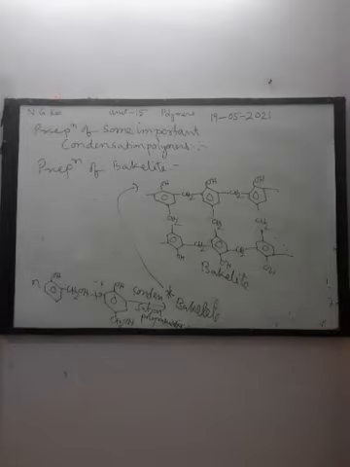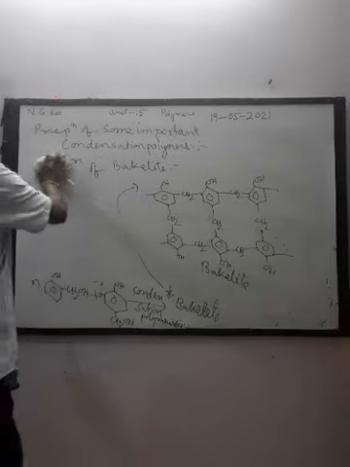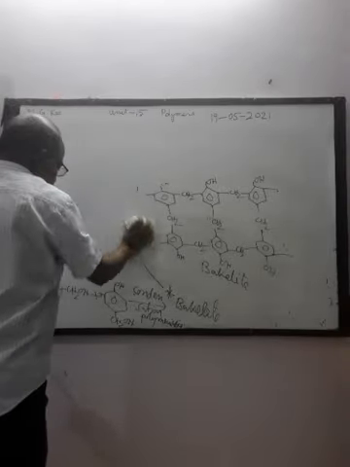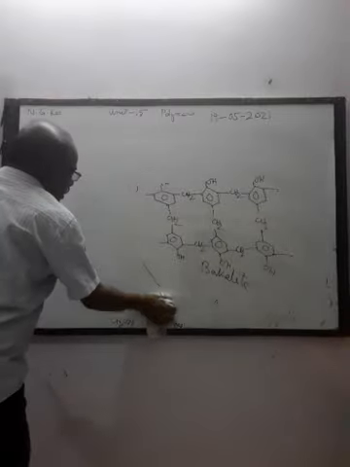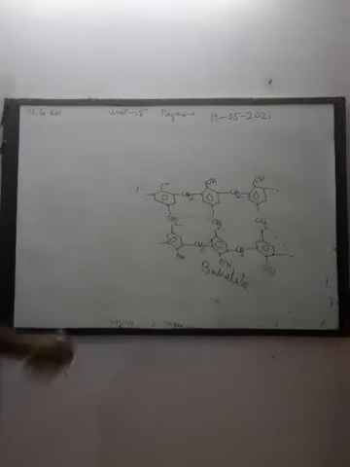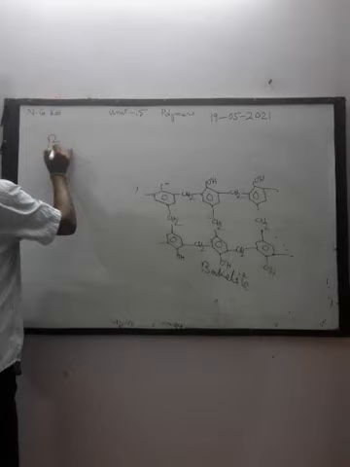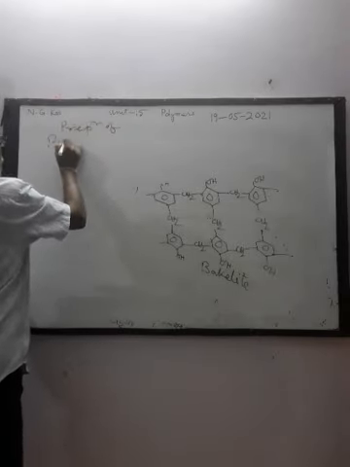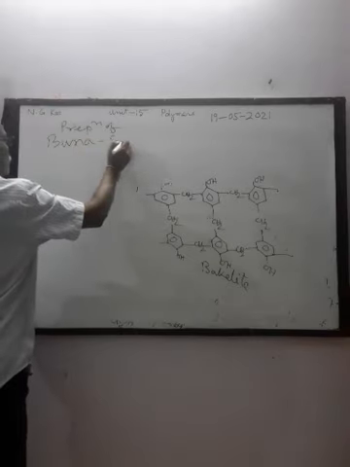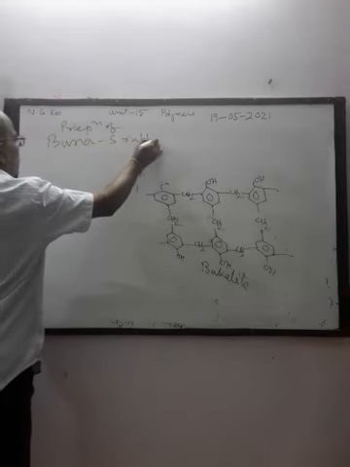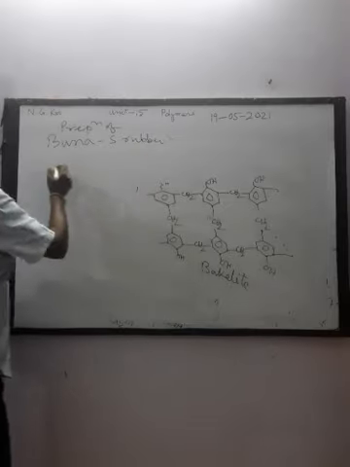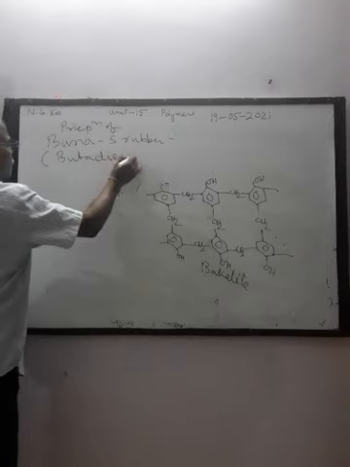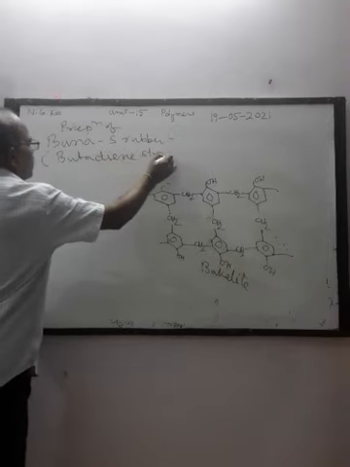So finally we consider our last compound, which is Buna-S rubber. So next we consider the preparation of Buna-S rubber. Buna-S rubber is known as butadiene styrene rubber.